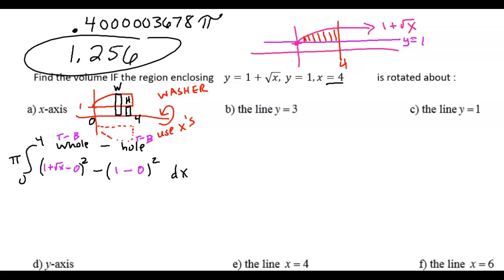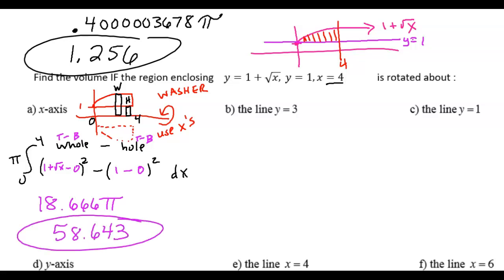So it really depends. It might be 18 and 2/3 pi, I don't know. But 6, we'll just put 6 pi or multiply by pi. So 58.643. There are a lot of decimals on your homework.